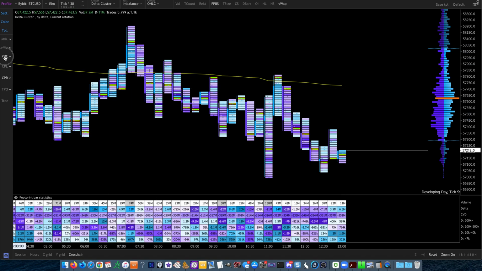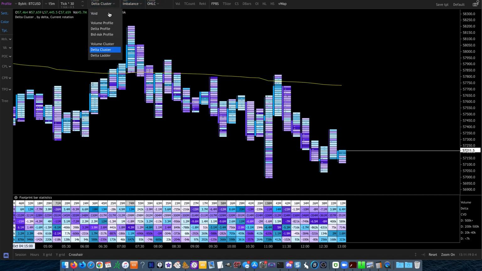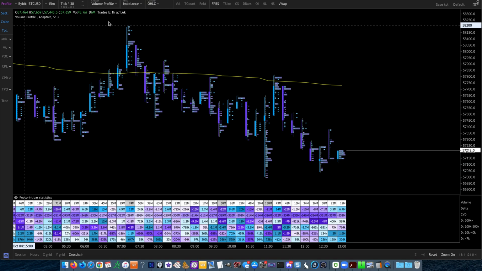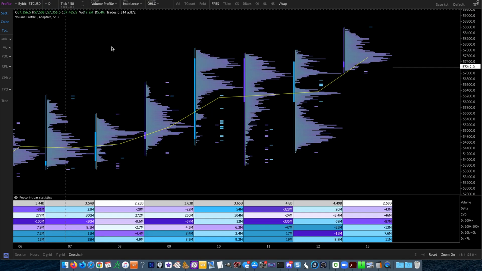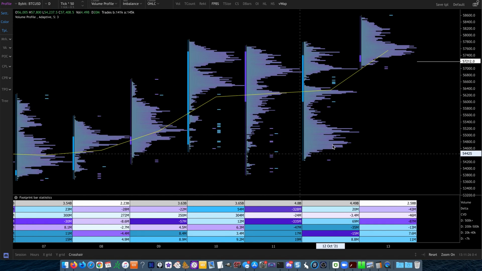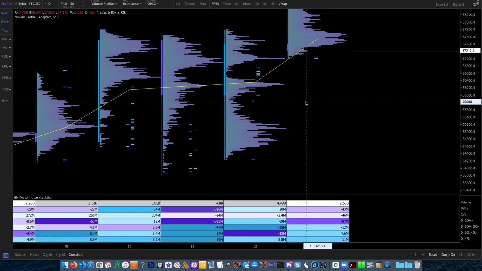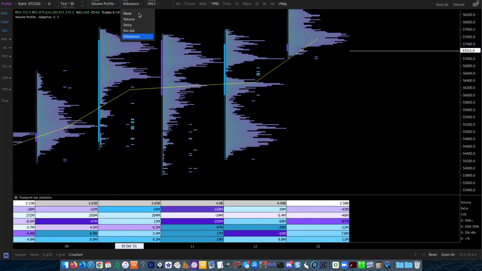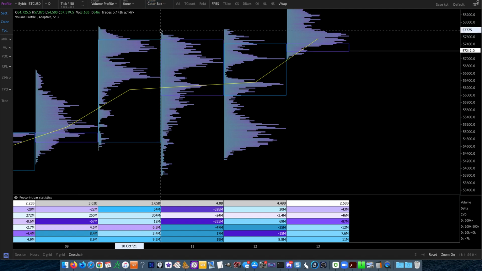Of course, there's lots of things that we can do here. If we have, for example, just a volume profile and we go to the daily time frame, now we've got ourselves a nice volume profile chart that we can use, and we turn off all the text, and we could make a candle a color box.